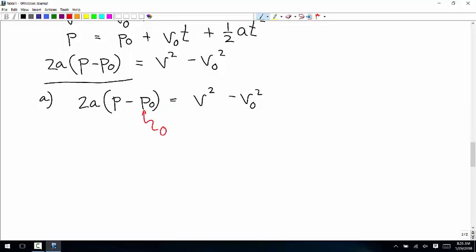We're going to call our starting position 0. When it reaches the top, speed is 0. And we know that at its highest point, it's made it 2 meters up the ramp, so that's 2. So we have 2a times 2 is equal to negative v0 squared. And so a is equal to negative v0 squared over 4.